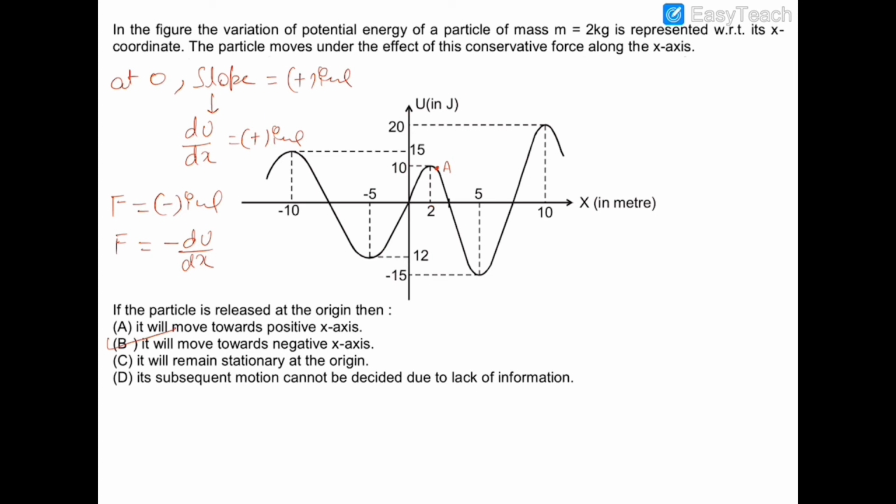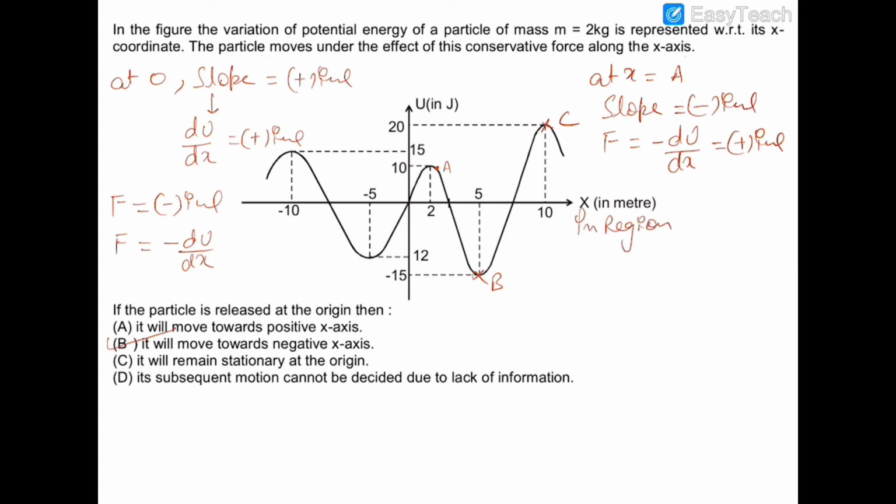So let's suppose we mark some point B here, and this point C. At x equal to A, we can say that the slope of the graph is negative, and the force, which is minus du by dx, is positive at this point x equal to A, and in the complete region AB, the force will be positive, and the acceleration of the particle will be positive.